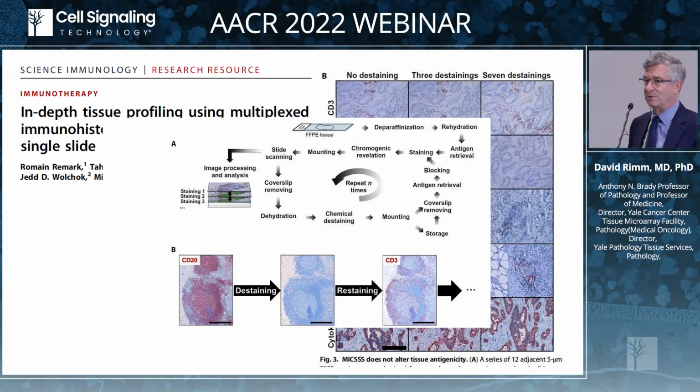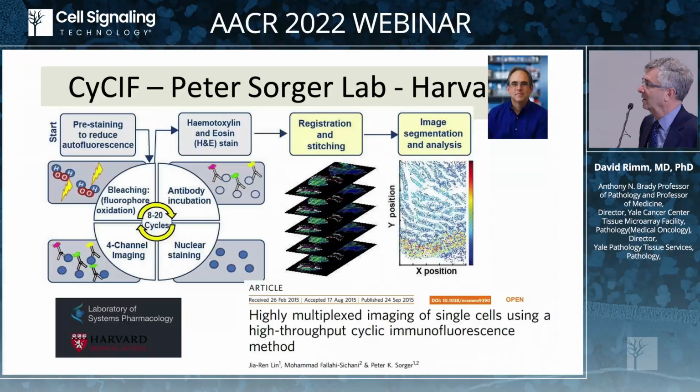It's very time-consuming, but you're staining the exact same cells multiple times. And it also diminishes the antigenicity over time, so it can't be quantitative, but it can answer a lot of interesting questions. So you could see that by 7 destainings, you're starting to see loss of some antigenicity, but the localization and counts can be pretty accurate. And so, an interesting method that uses a chromogen.